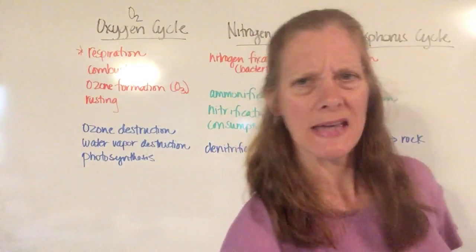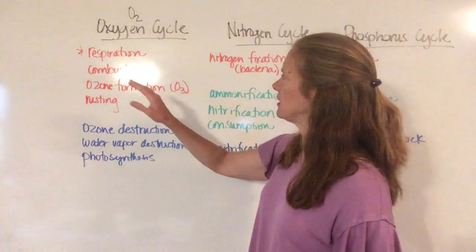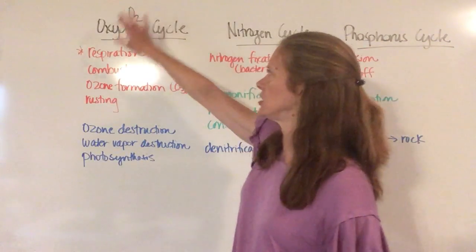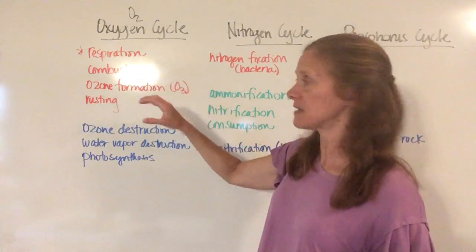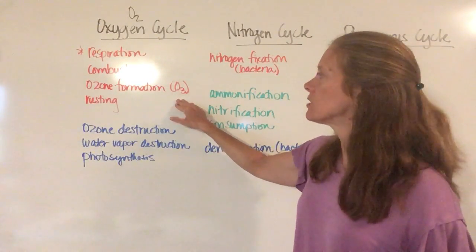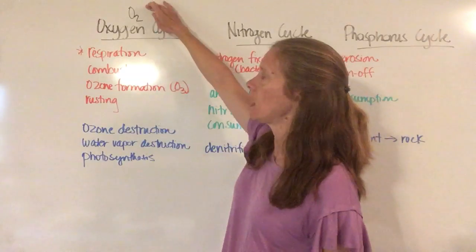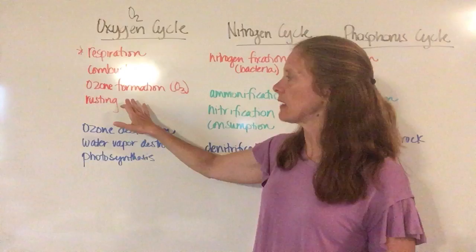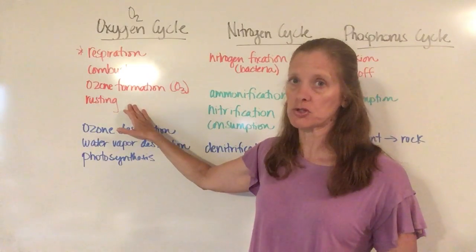So it should make sense to you that if I'm going to form O3, I'm going to have to take some of this oxygen and break it, or start adding it together so that I can make O3. So ozone formation will take oxygen in the O2 form out of the air, and rusting also requires oxygen.